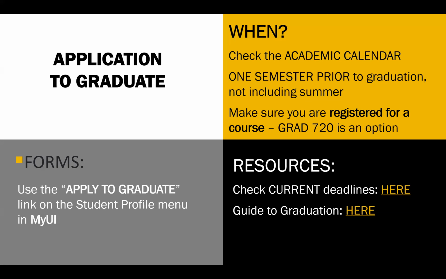It's also important to know that if your funding is contingent on you being registered full-time, which all the assistantships, RAs, TAs, all of those are contingent upon that, it's important that you make sure you are ready to not be fully funded in terms of like your life situation.